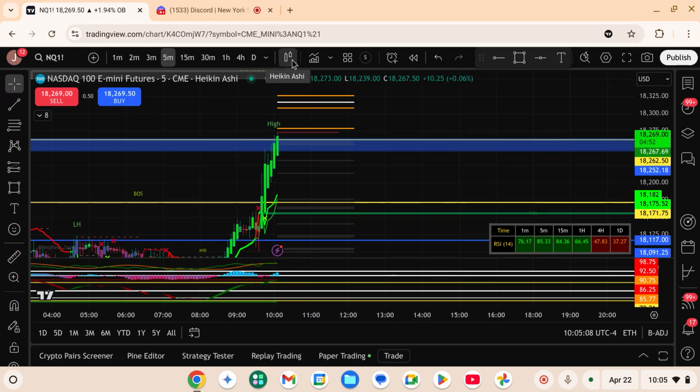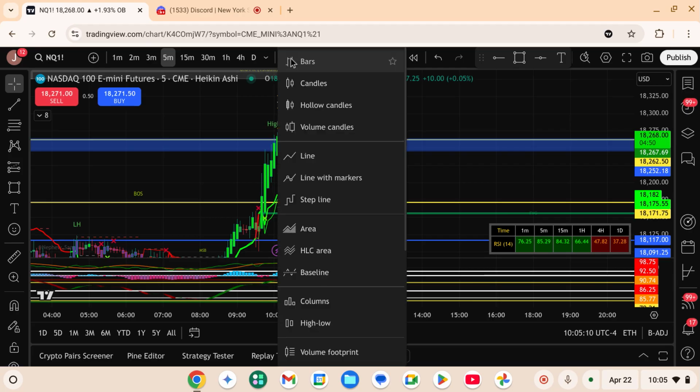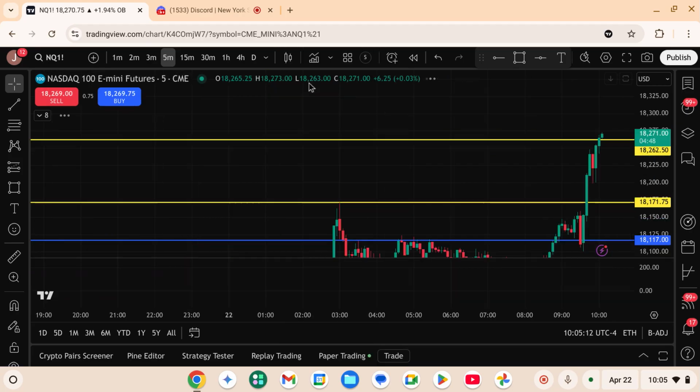Alright, so let's look at regular candles.